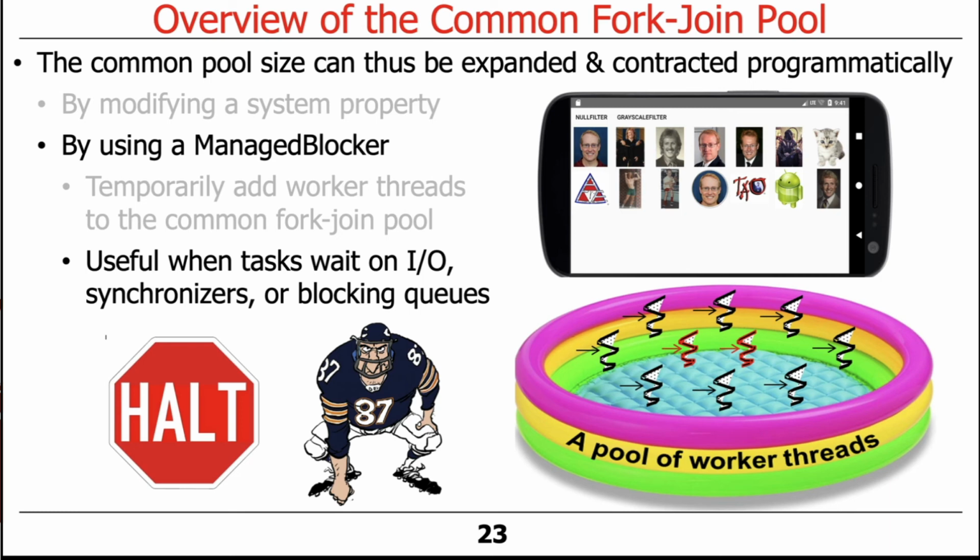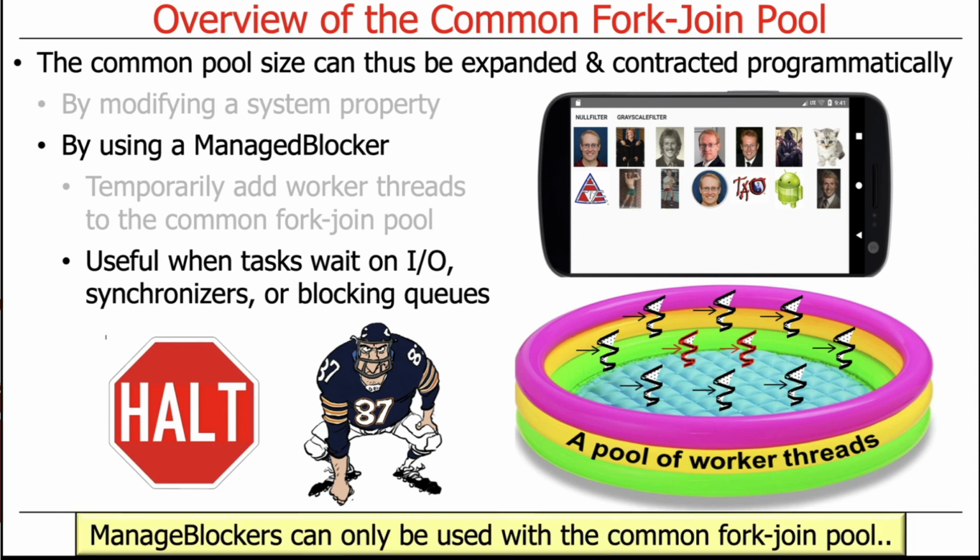So there's certain circumstances where threads might block for various reasons, either because they're blocked on I/O, or they're blocked on synchronizers like a reentrant lock or a semaphore, or they're blocked on blocking queues, which under the hood use reentrant locks and condition objects that you've learned from earlier lessons. And in those cases, the ability to add more threads to the common fork join pool comes in handy.